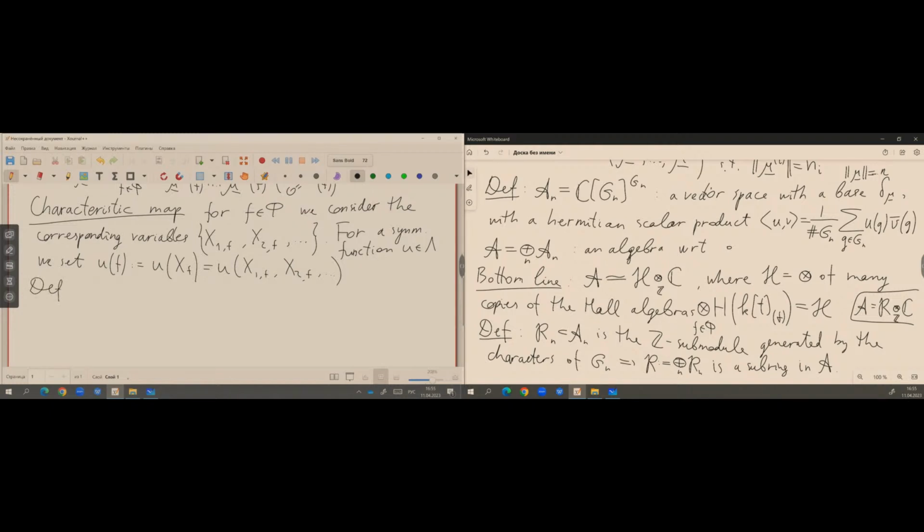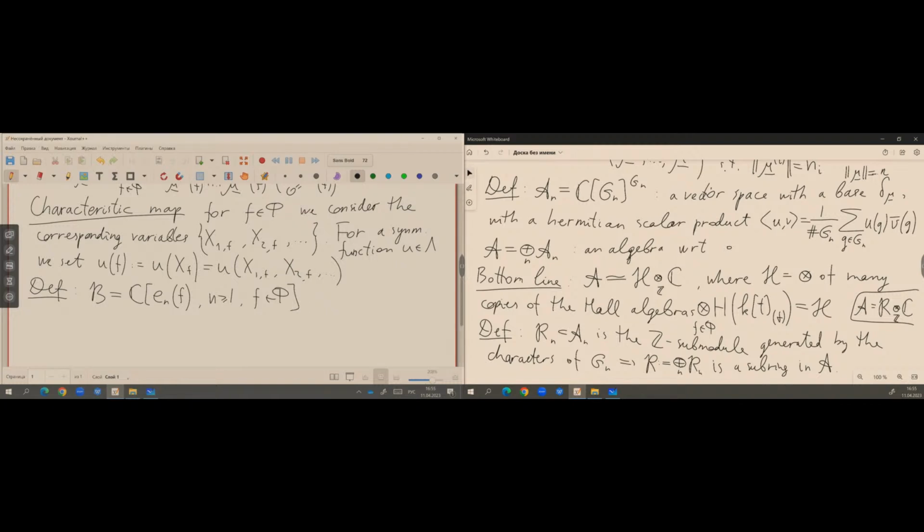Now we define another important guy, B. This is the polynomial algebra in variables, elementary symmetric functions of f, over all degrees n, over all series of polynomials.